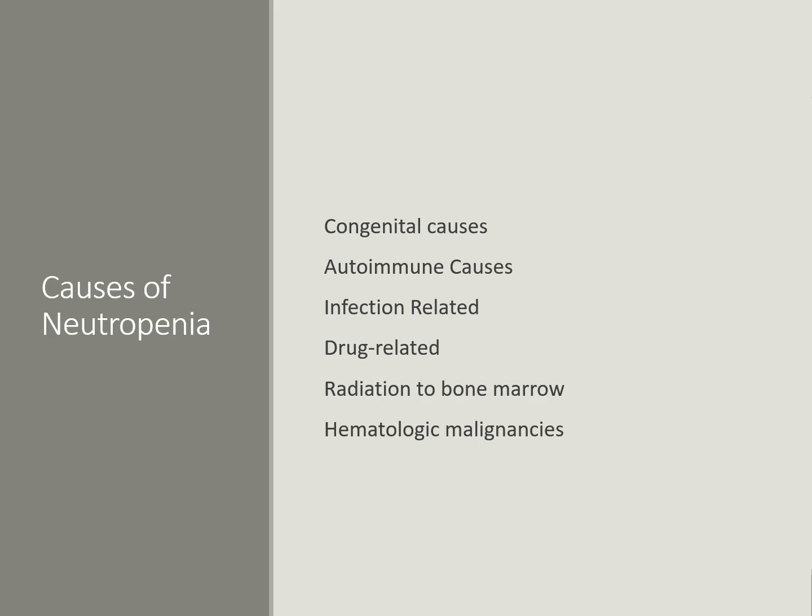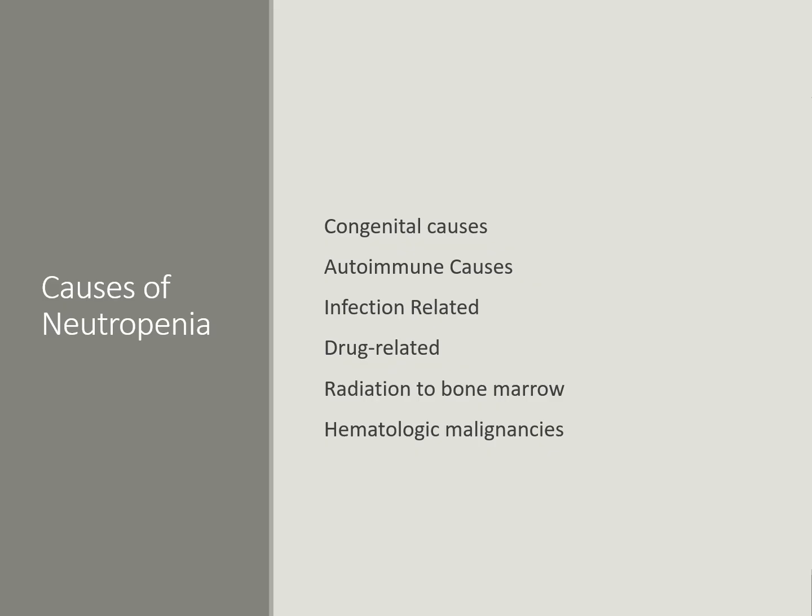There are also drug-related causes of neutropenia, and you'll probably discuss some of these in your pharmacology course, or they'll be pointed out as you get to them. But some of them are immune-mediated reactions, so things like penicillins, propylthiouracil, or aminopyrines are some examples of drugs that can cause immune-related destruction of neutrophils.